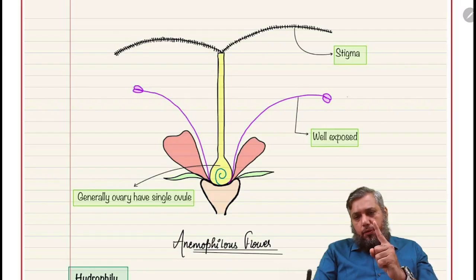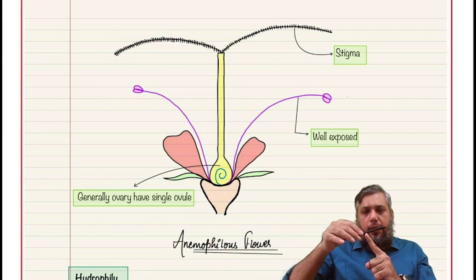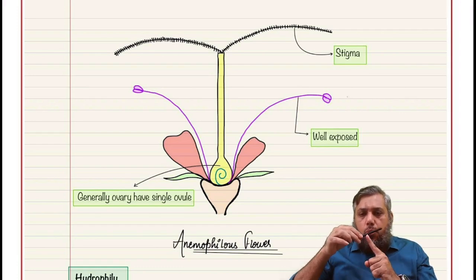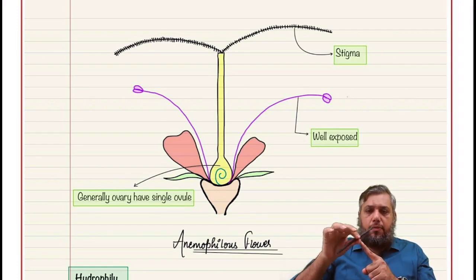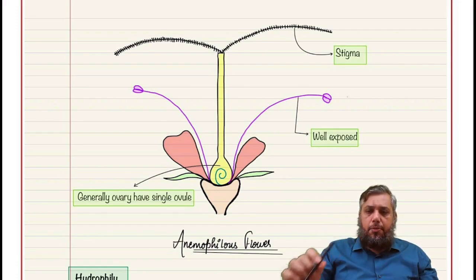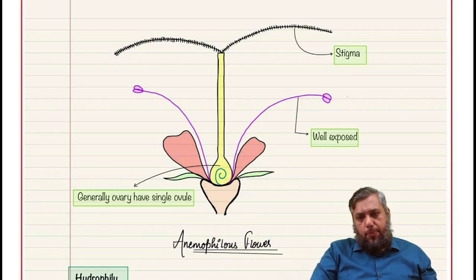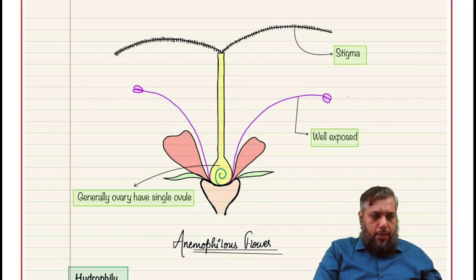Many a times, the filament is connected to the anther only at a point, so that even if there is a slight breeze, the anther will move and will help in the dispersal of the pollen grains. Such an anther is called as a versatile anther. Also, look at the stigma, right?